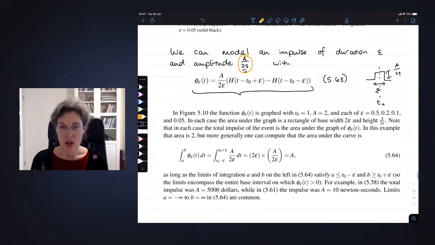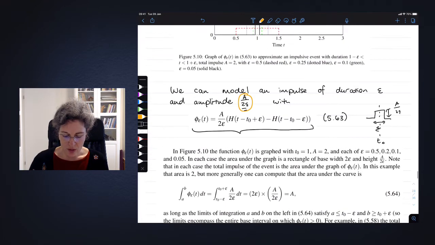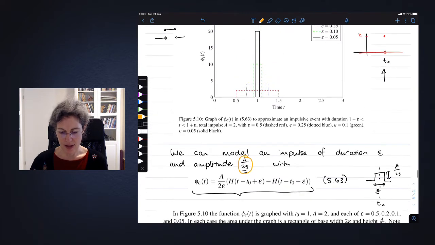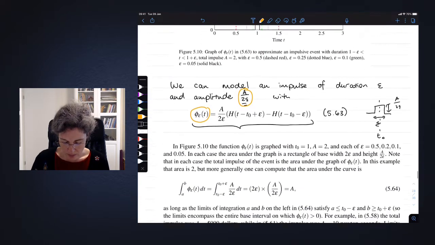So if we're thinking about what we're going to be using our crazy impulse function for, we're going to want to integrate it. So what we care about is less the function itself and more its integral.